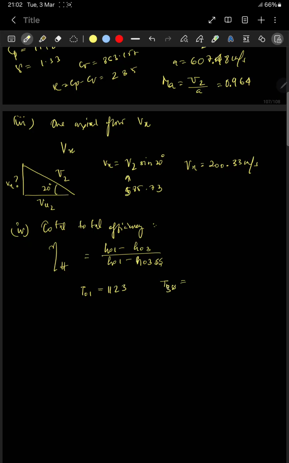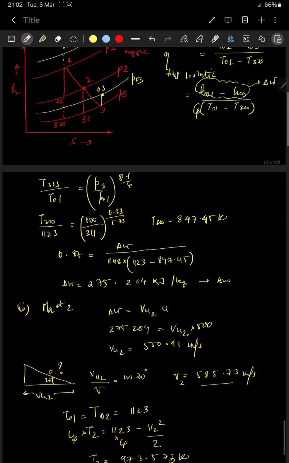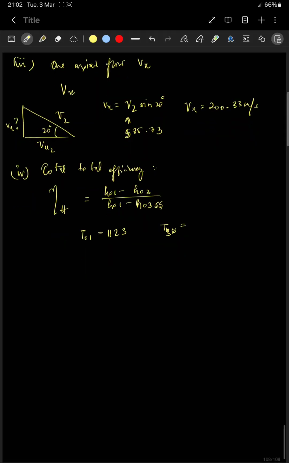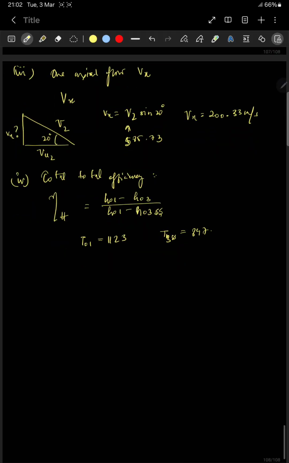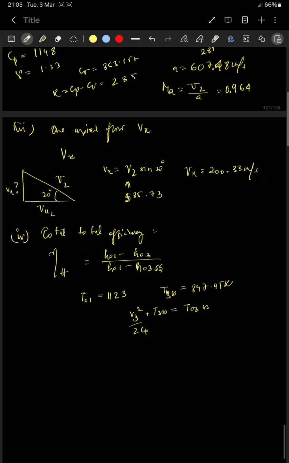T3SS is equal to, this is 3SS, 847.45 Kelvin. So T3SS is equal to T03SS plus V3 squared by 2 Cp. So we have got V3, right? V3 is axial, so this is only V3.